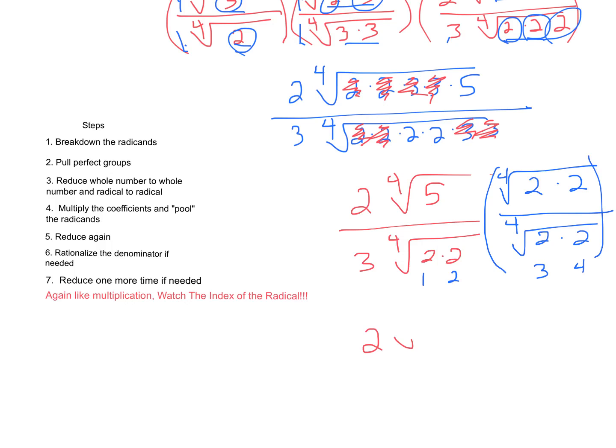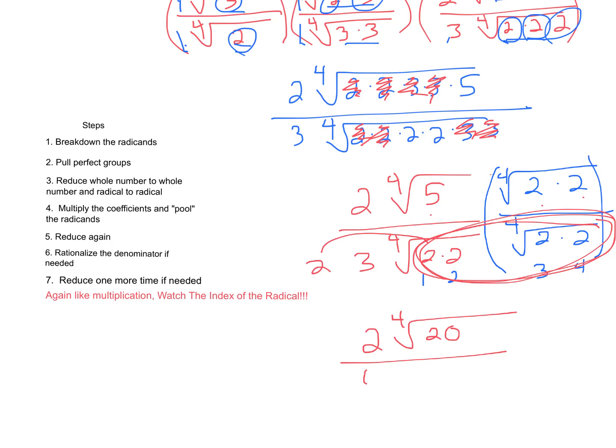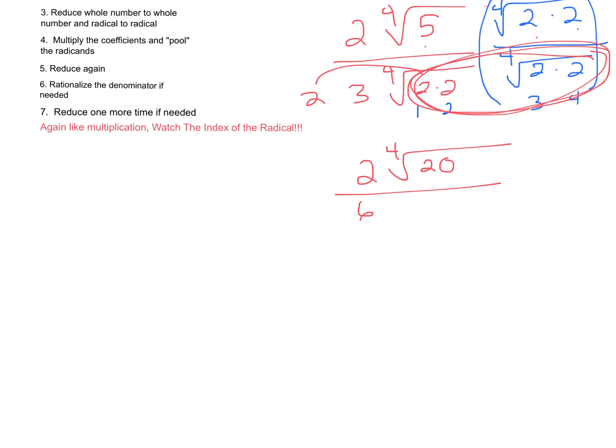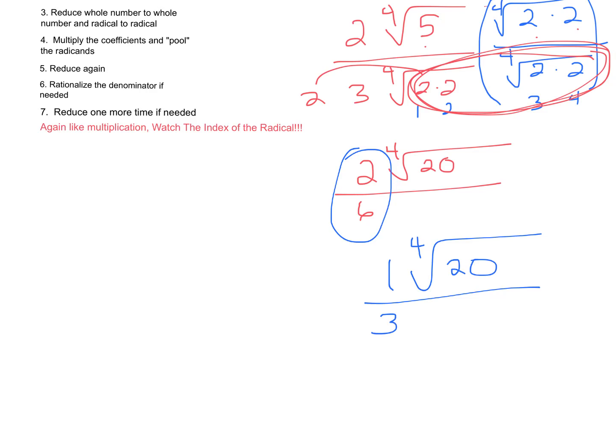So 2 4th roots, 5 times 2 is 10, times 2 is 20, over, this creates a perfect grouping, kicks out as a 2, so it's 6. And then our last step, try to reduce, so I can reduce these guys to 1 4th root of 20 all over 3. And again, for those of you who are wondering, no, you don't need the 1. So there you go. There's that one.